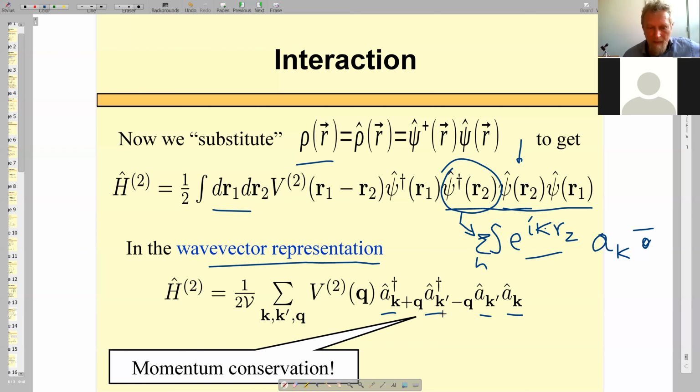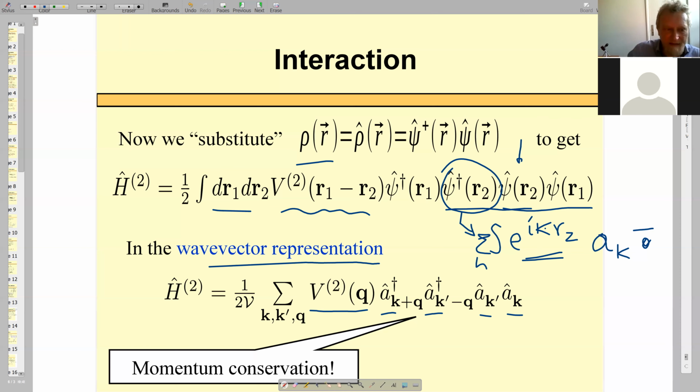Some momentum q is transferred from one particle to another, and that is expressed with a Fourier component of this potential. Okay, just wave vector representation. To do this, one needs to substitute wave functions in this form and perform the integration. But, well, it's also logical, and I will show you a picture about this.